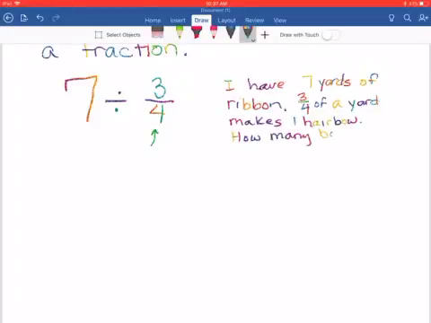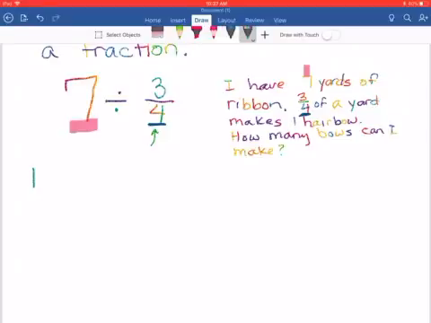How many bows can I make? Okay, so we've got our 7 yards, and we've got our 3/4. 3/4 of each makes 1 bow.